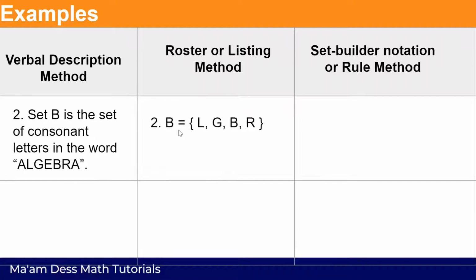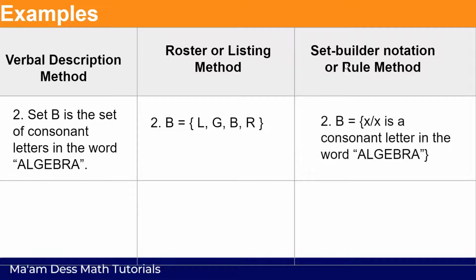Set B, we have L, G, B, R. So, again, it is enclosed with braces and separated by comma. Set builder notation: set B, all values of x such that x is a consonant letter in the word algebra.